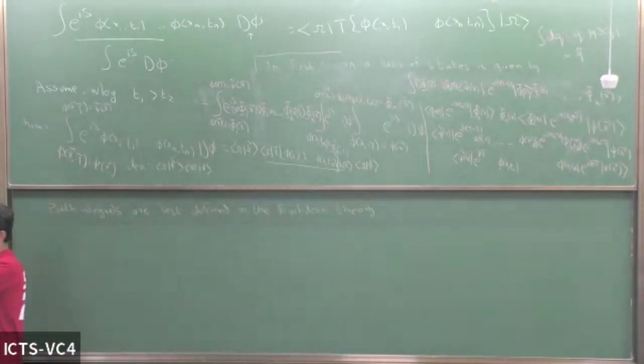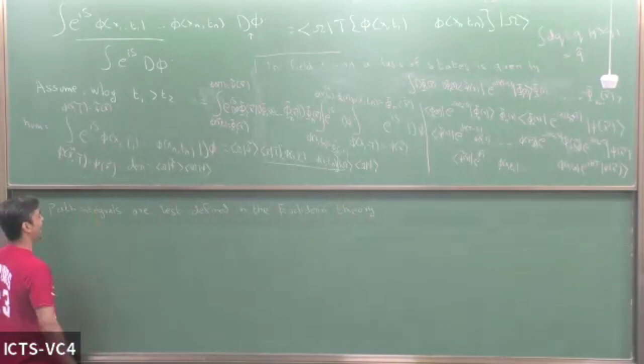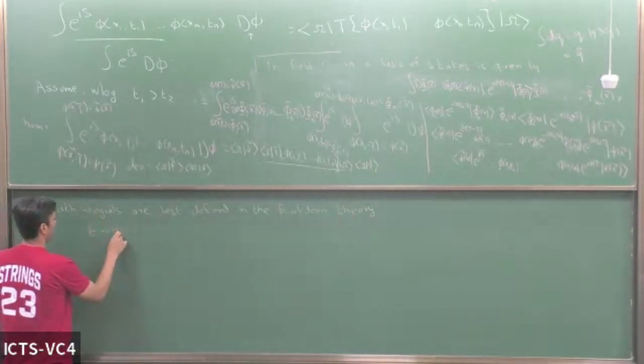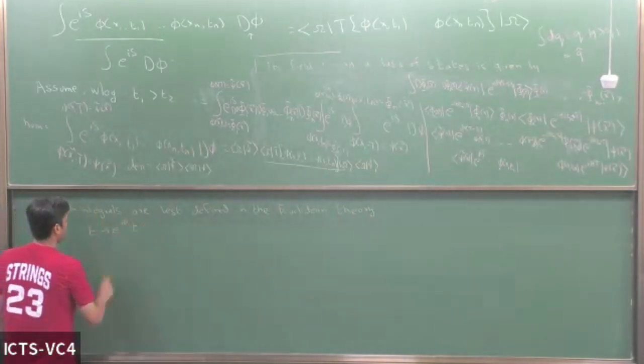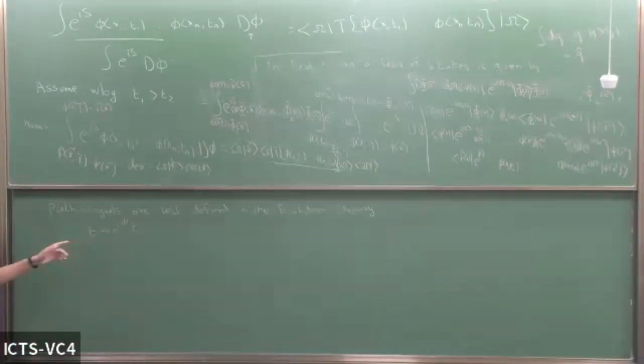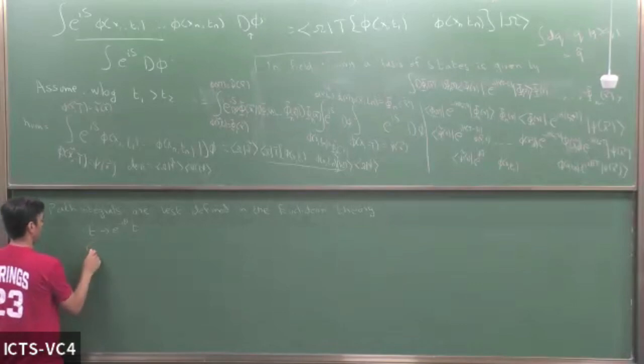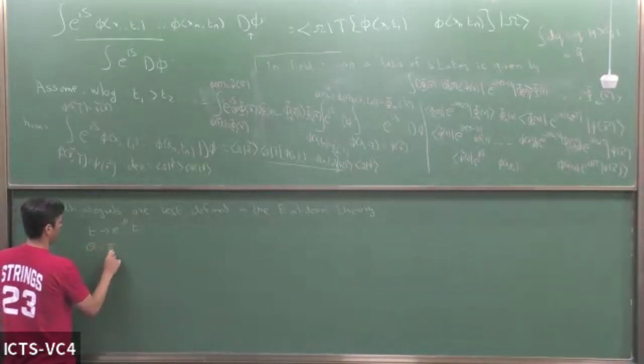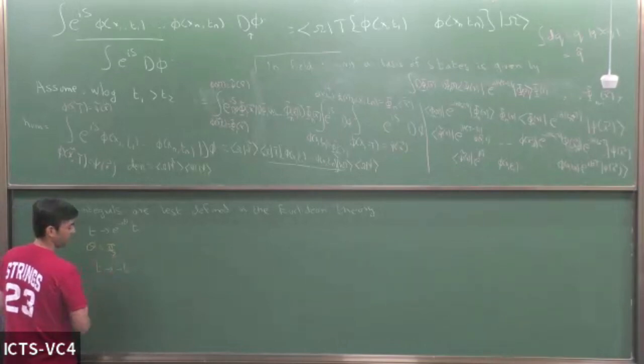That means that you take t to e to the minus i theta t. So you tilt the contour slightly. And then in fact the best thing to do is to take theta to be pi by 2, so that you've taken t to minus i t.